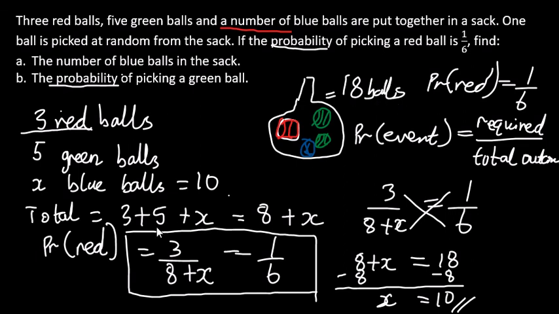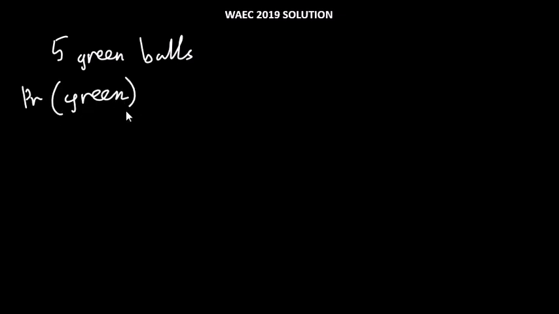Now the next thing is to solve the second question, which states that we should find the probability of picking a green ball. We have 5 green balls in the sack. So probability is the required outcome, which is green balls, over the total number of balls.